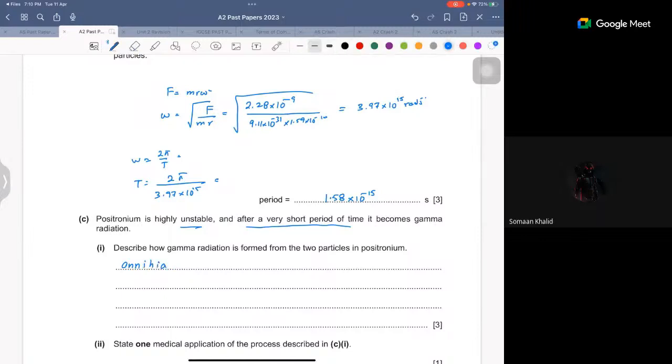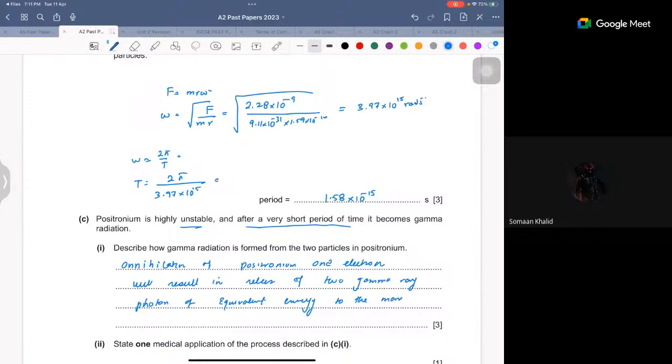Annihilation of the positron and electron will result in the release of two gamma ray photons of energy equivalent to the mass of the two particles.